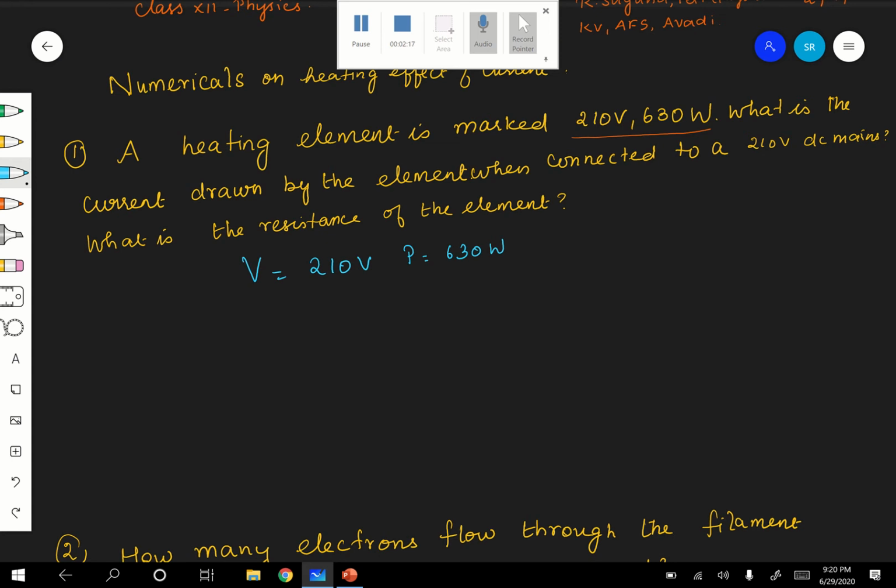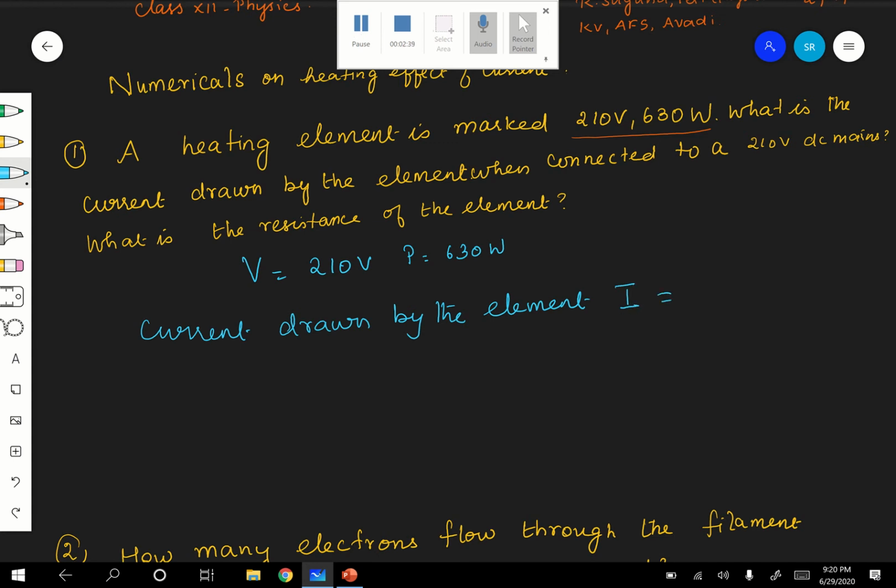Current drawn by the element, that is I. P is equal to VI.